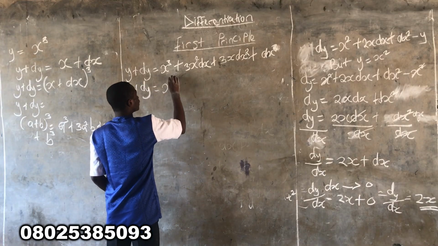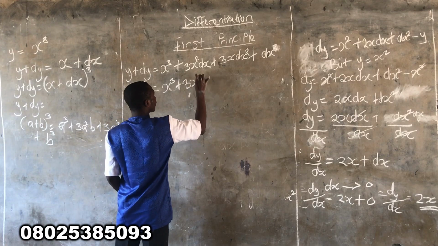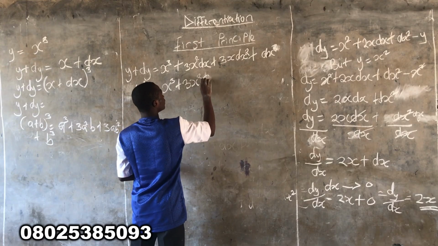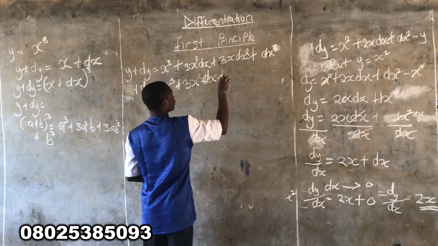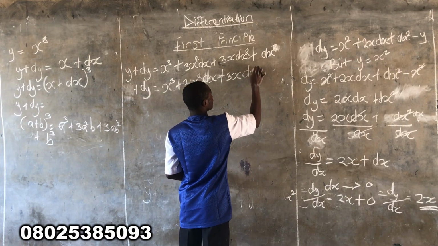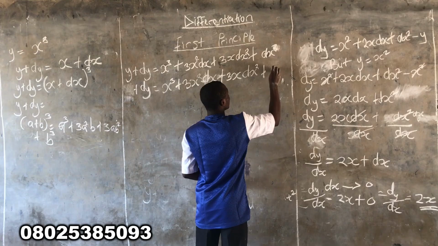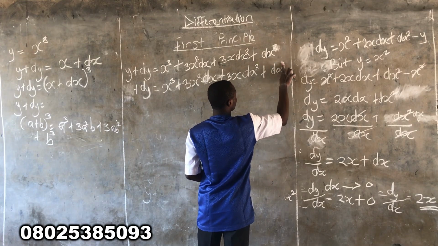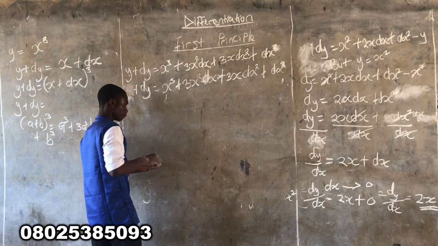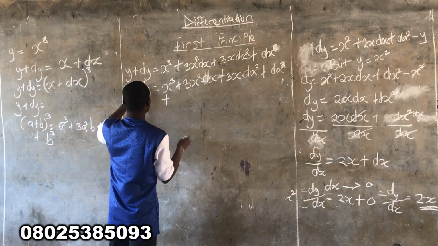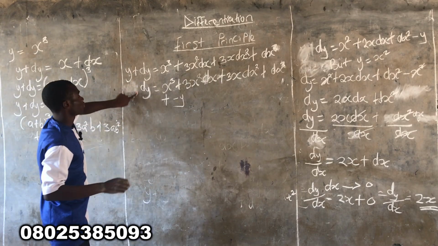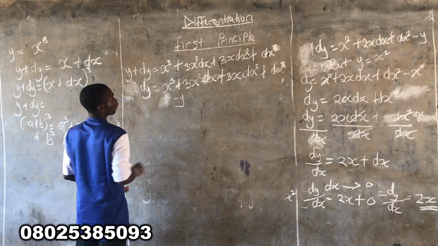So we can say x raised to power 3 plus 3x raised to power 2 dx plus 3x dx raised to power 2 plus dx raised to power 3, minus y. Not plus, should be minus y.